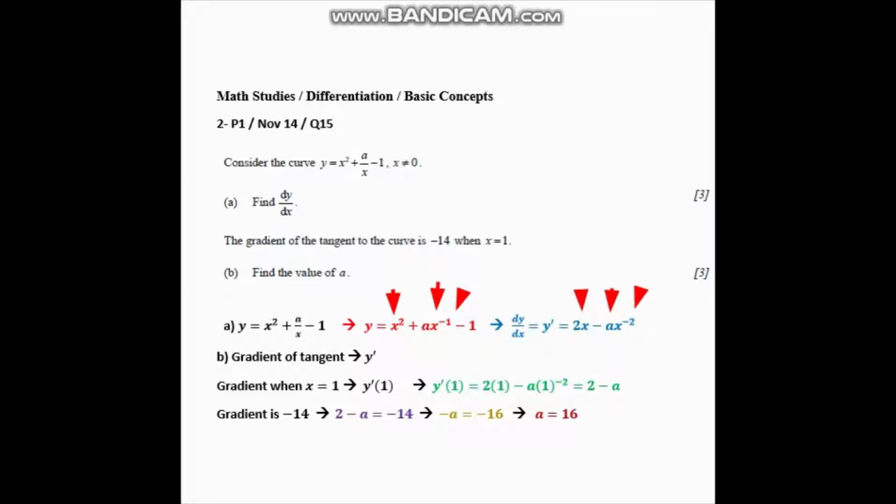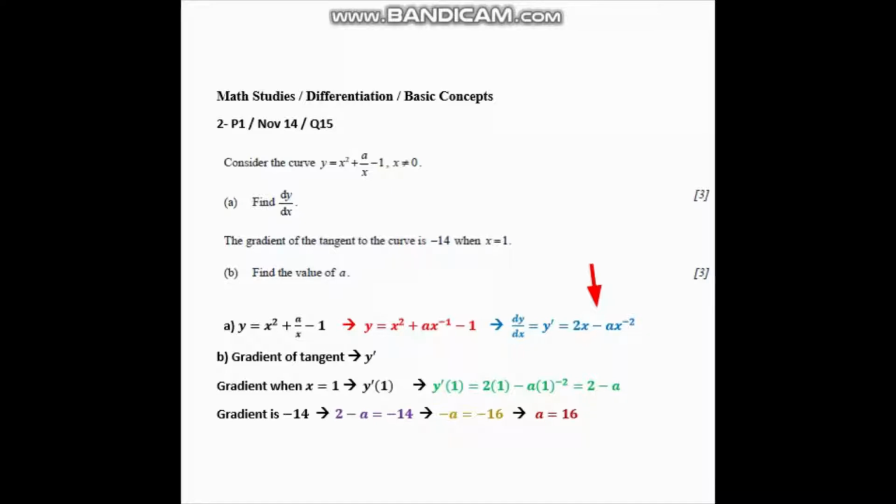So negative 1 minus 1 gives me negative 2. So I get negative ax to the power of negative 2. As for the third term, it is a constant. I do not have a variable, so it just vanishes during differentiation. Hence, my final expression is 2x minus ax to the power of negative 2.